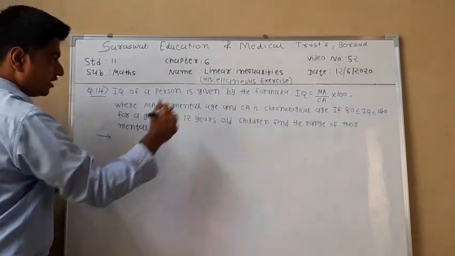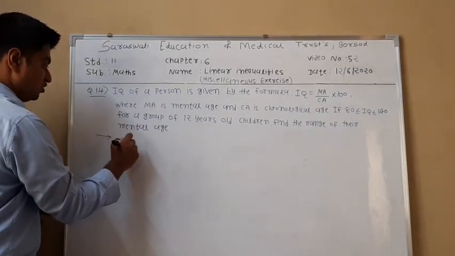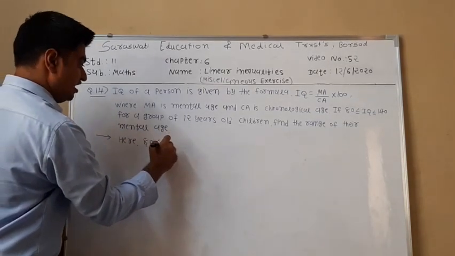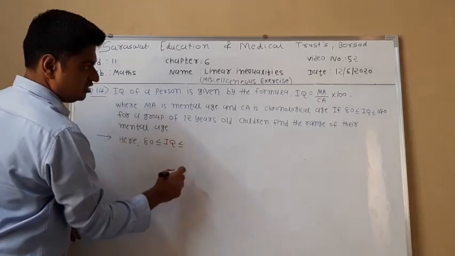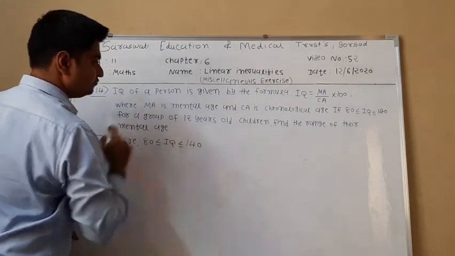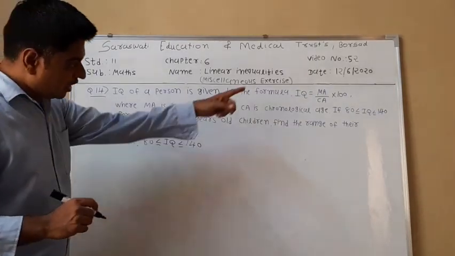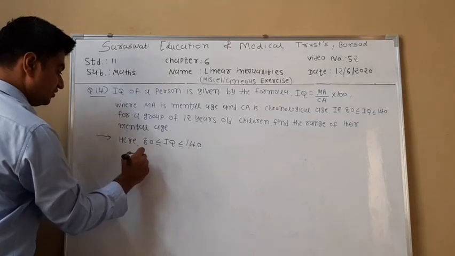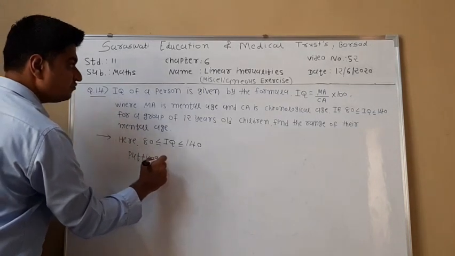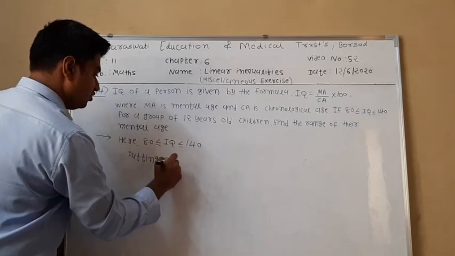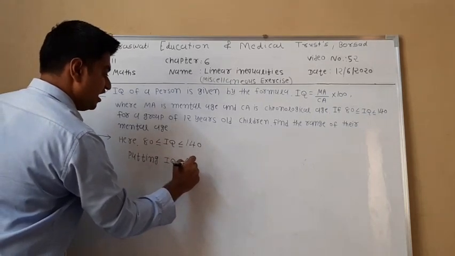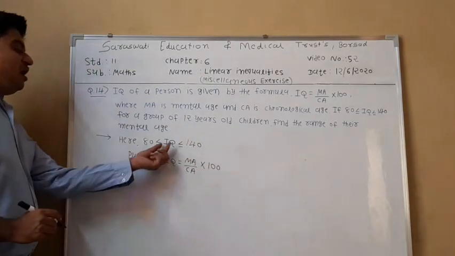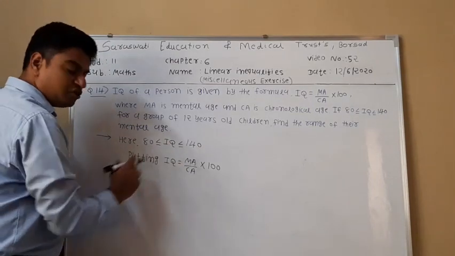So first of all, one condition is given. So here we can write 80 less than equal to IQ less than equal to 140. Now the IQ formula is already given, so putting IQ is equal to MA upon CA multiply 100. Now in place of IQ, substitute this formula.